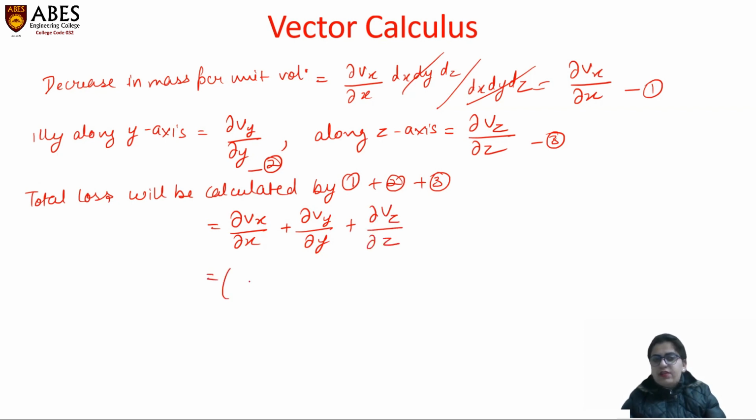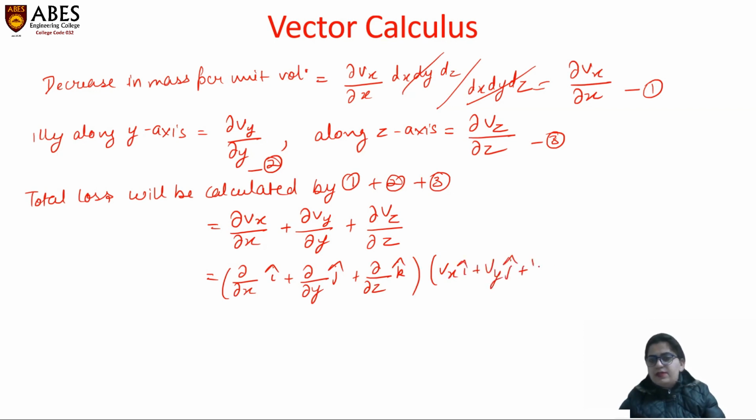We can write it in the form of operators, dot product of operators, that is del over del x i cap plus del over del y j cap plus del over del z k cap into Vx i cap plus Vy j cap plus Vz k cap. So we can write it in the form of del dot V. So this is the physical interpretation of the divergence.